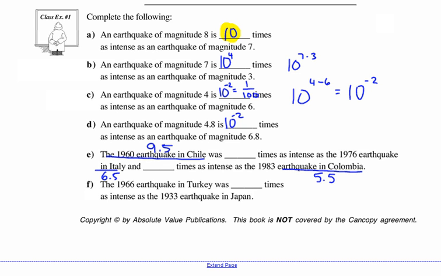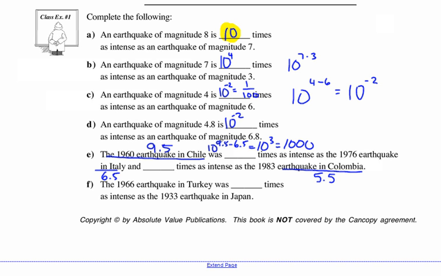Thank you. Okay, so Chile compared to Italy, how many times more intense was it? How would we figure it out? 9.5 minus 6.5, which is 10 to the 3, or 1,000 times more intense than Italy's.